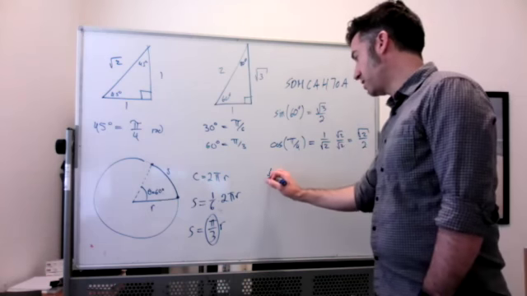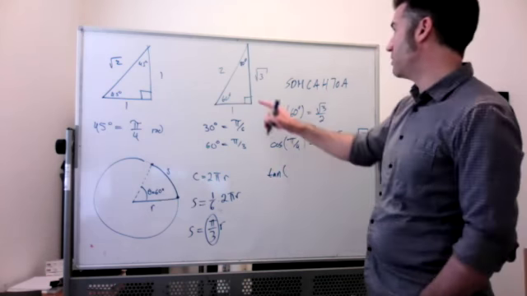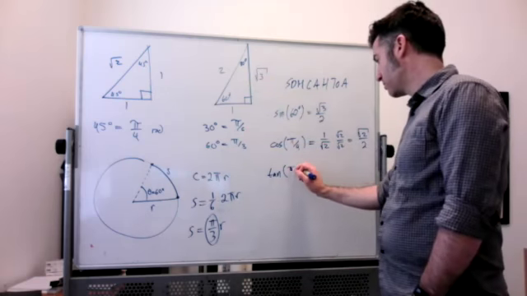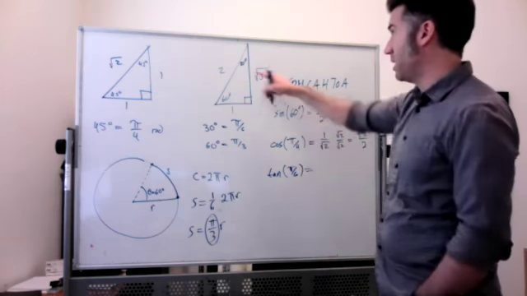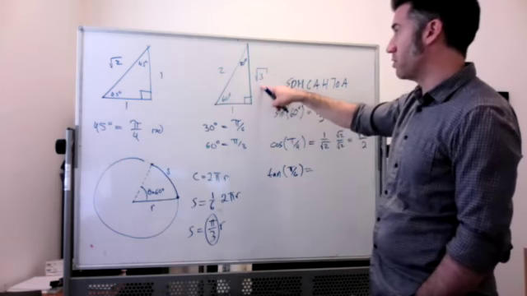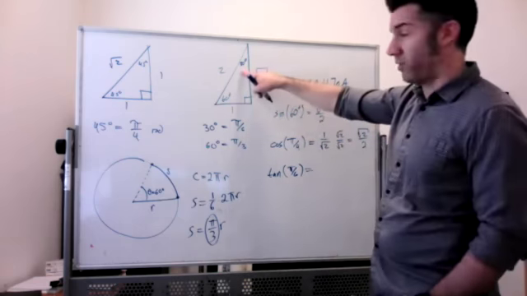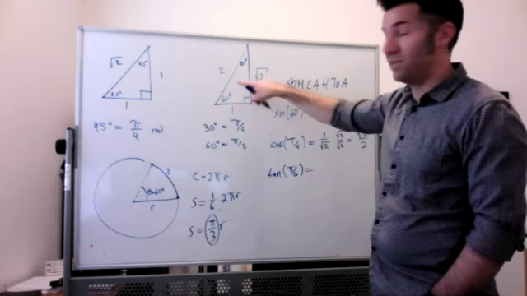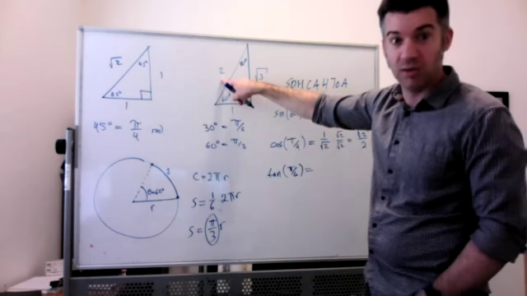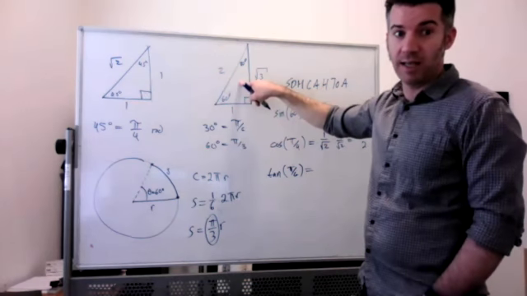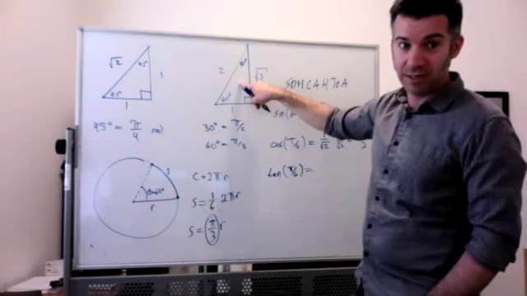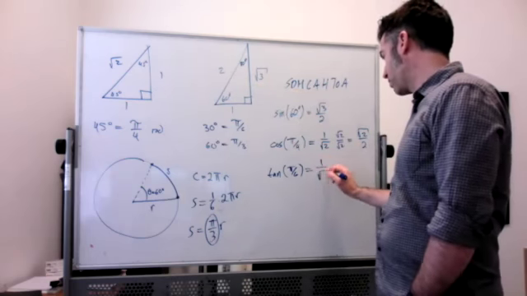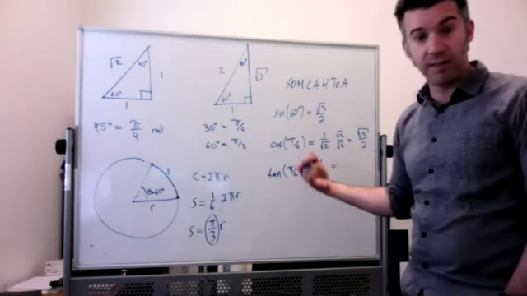If I wanted to find tangent of, say, 30 degrees or pi over 6 radians, well, tangent is opposite over adjacent, right? So for 30 degrees, the opposite side is 1, the adjacent side is root 3. The adjacent side is never the hypotenuse, right? The hypotenuse is always the hypotenuse. The adjacent side is the side next to the angle that isn't the hypotenuse, so it's got to be root 3. So tangent of pi over 6 is 1 over root 3, which if we rationalize is root 3 over 3.